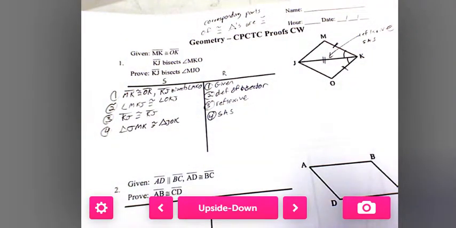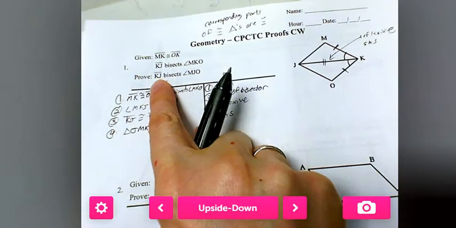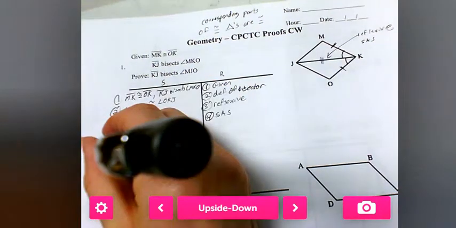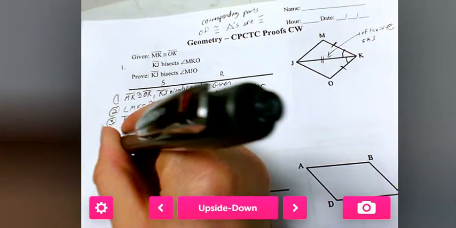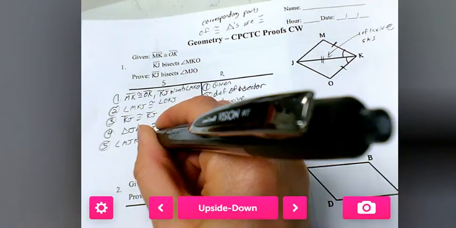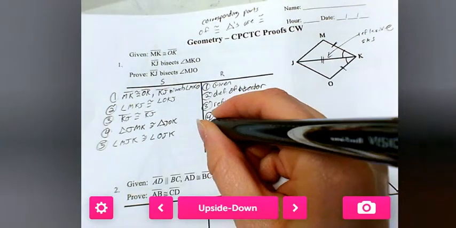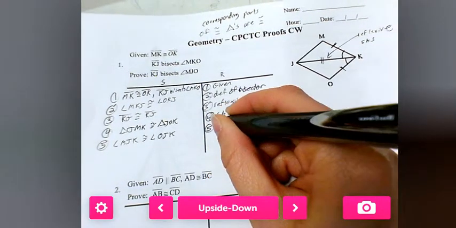So what does bisecting mean again? It means to cut something in half. We want to know that KJ bisects angle MJO. So do you guys get that that would mean that angle MJK has to be congruent to angle OJK? Does that make sense? That's my CPCTC.